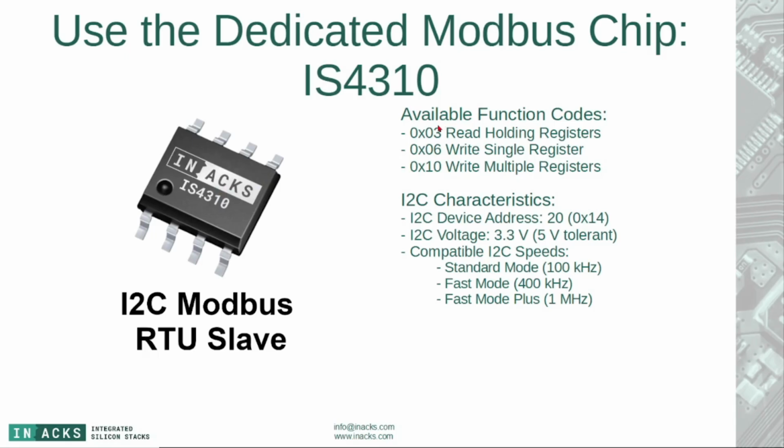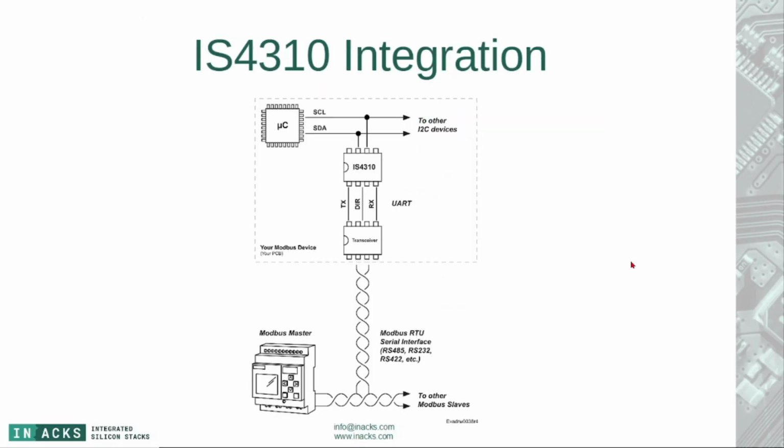It has the most typical function codes, read holding registers, write single register, and write multiple registers, and you can interface via the I2C using 3.3 volts microcontrollers or even 5 volts microcontrollers. And the I2C speed, it's the typical ones, 100 kilohertz, 400 kilohertz, or 1 megahertz.